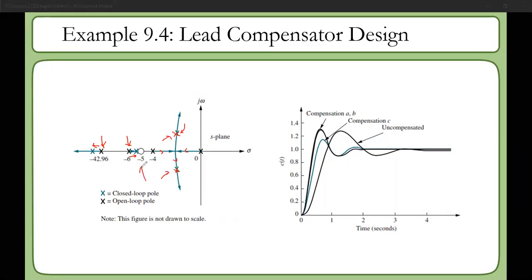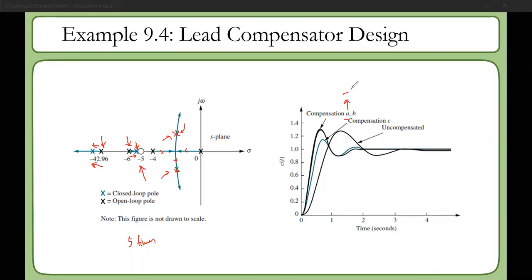This zero is cancelled by a nearby higher order pole for that particular value of gain, and this is the higher order pole, which is far away from our dominant second order poles. What was our condition? It has to be 5 times away. Now it is way more than that. This is your compensator A at location -5.